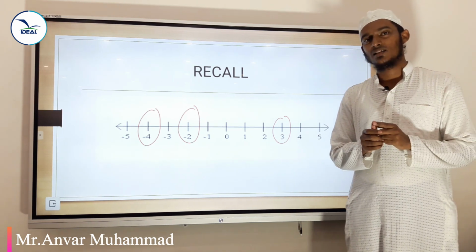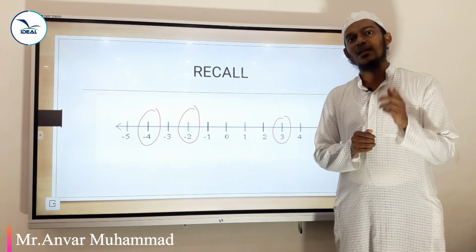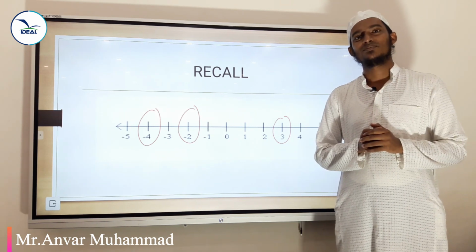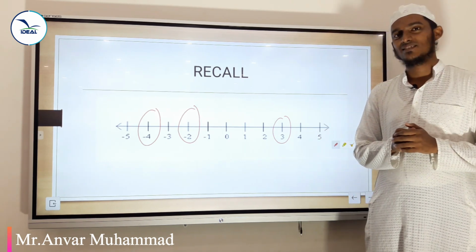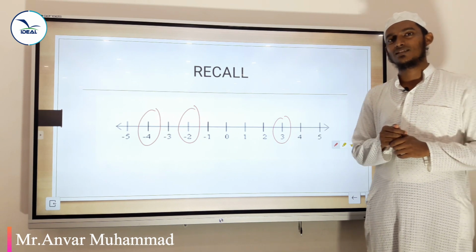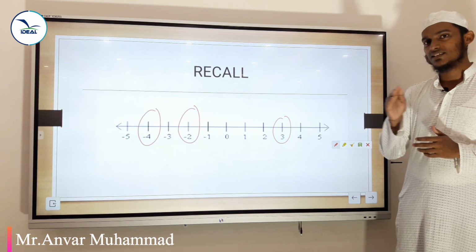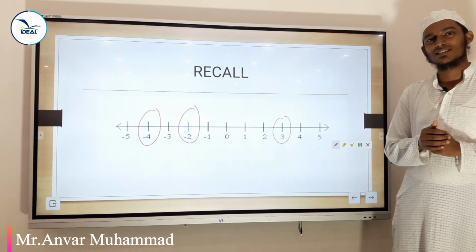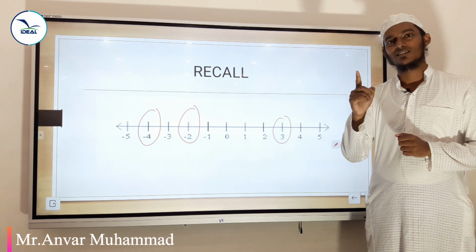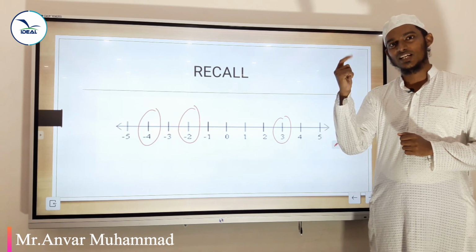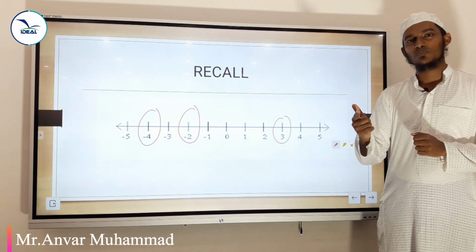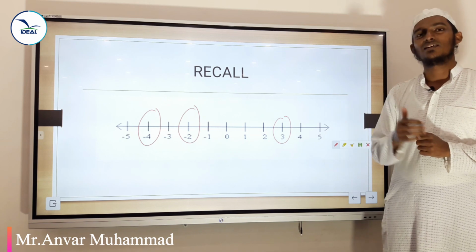Write them in ascending order. Yes, you are right. The ascending order of these three numbers is the first one, -4, the second one, -2, and the last one, 3.